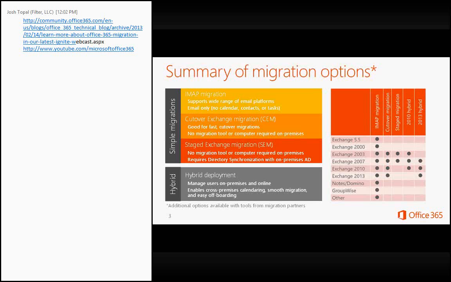But you do require a hybrid server that sits in between and acts as a gateway connecting your on-premises organization to Office 365. That hybrid server could be Exchange 2010, where you would need a minimum of SP2 to run the Hybrid Configuration Wizard, or Exchange 2013.